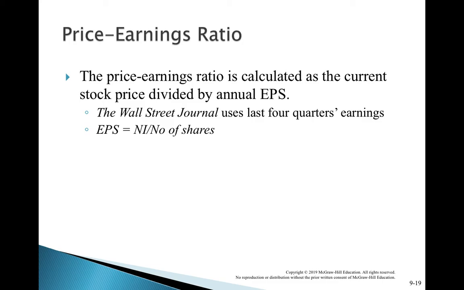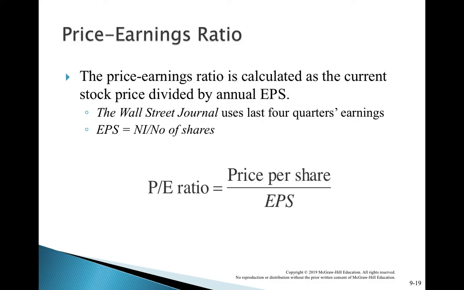And the formula here is price earning ratio means price divided by earning per share. Earning per share, how do we calculate? In the second chapter we learned how to calculate the earning per share. Net income divided by number of shares will give you the earning per share.